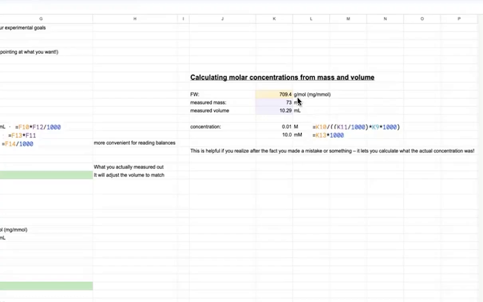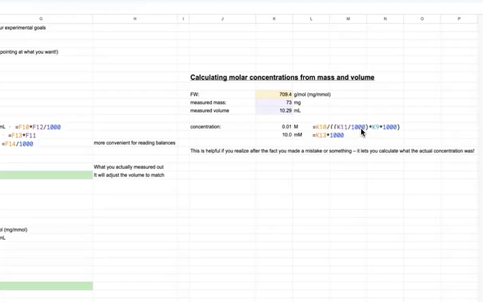Now, sometimes what happens is that you realize after the fact that you had the wrong formula weight, or you had a slightly different volume than you meant, or maybe you forgot to subtract something or you dropped something, whatever. There's some sort of change, and now you know the mg and you know the mLs, but you don't know the molarity. So this will go ahead and calculate that for you.